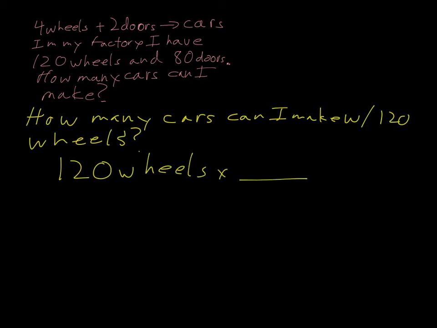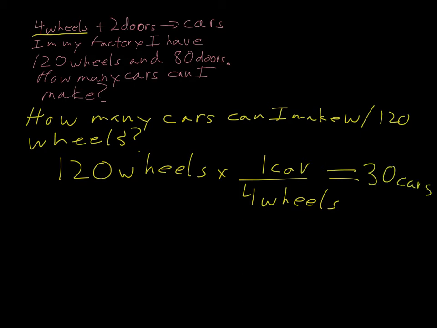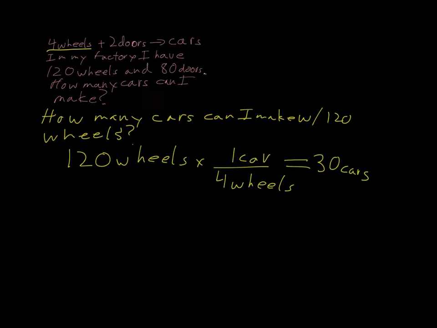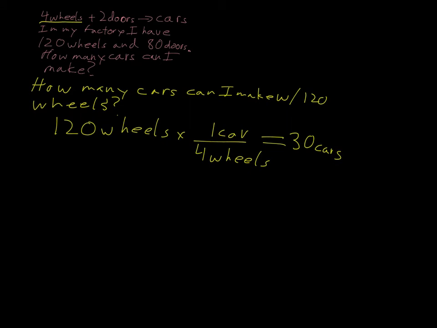I don't want wheels, so I'm going to place them where they cancel out. And according to my chemical equation, for every 4 wheels I have, I can produce 1 car. So if I multiply everything on top and divide through everything on the bottom, it turns out I can make 30 cars with my 120 wheels. That was the first question you asked yourself.